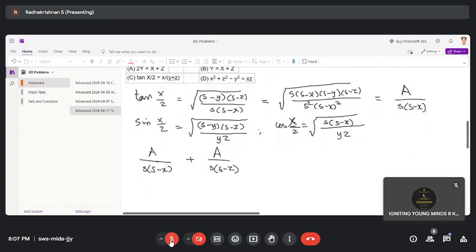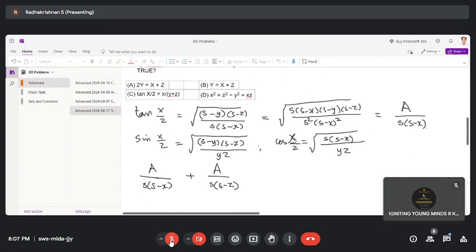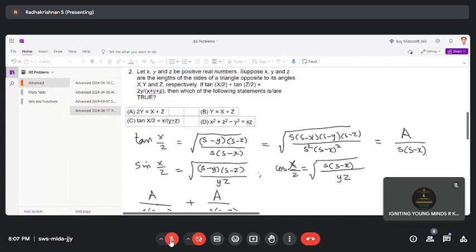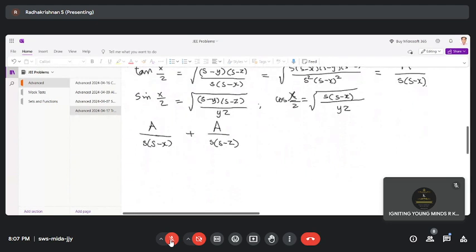Is a by s into s minus x plus a by s into s minus z. Okay. Is equal to 2y by x plus y plus z. And what is x plus y plus z? By definition, x plus y plus z is same as 2 into s, right?